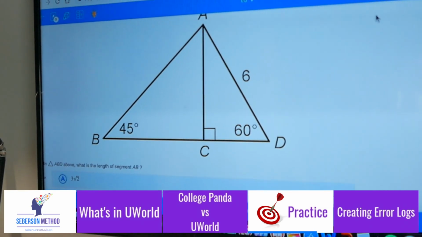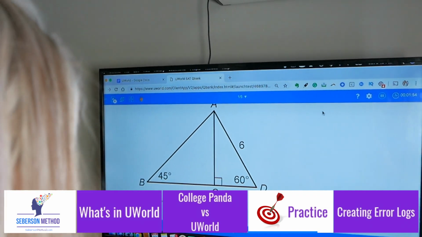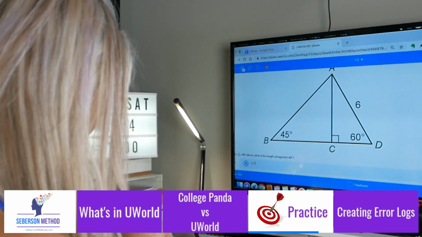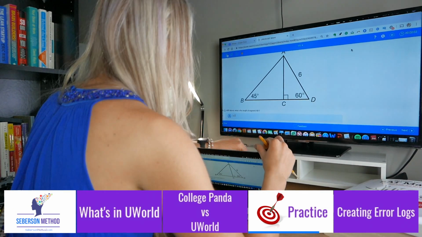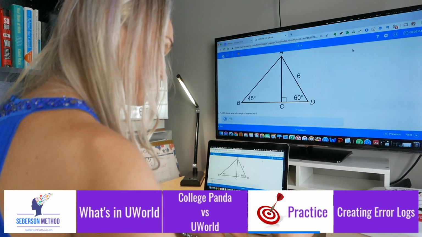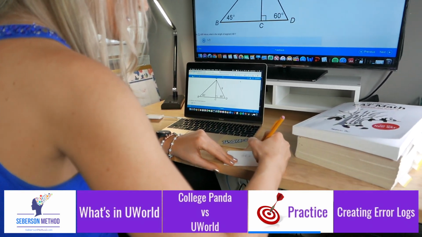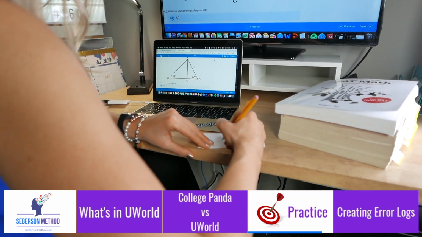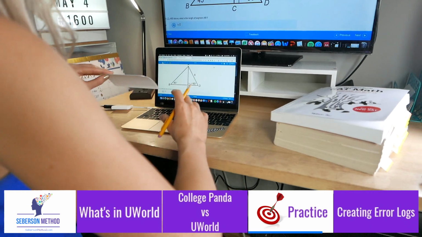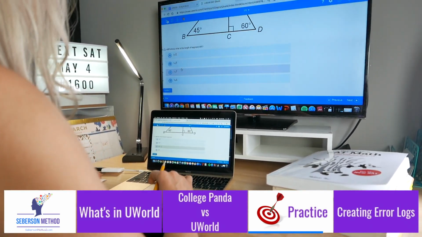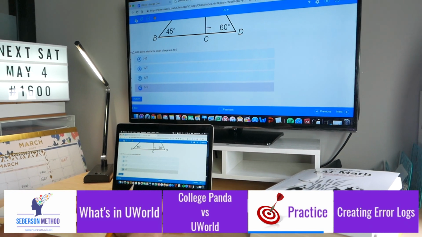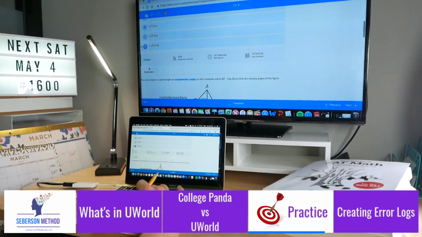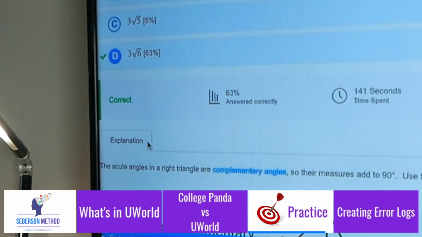Interesting. Let me just quickly get a calculator, or at least a piece of paper to solve this. Root 3 times root 2 equals 3 root 6, something like that. So it's 3 root 3 times root 2, and I press submit, and thank God I answered correctly.